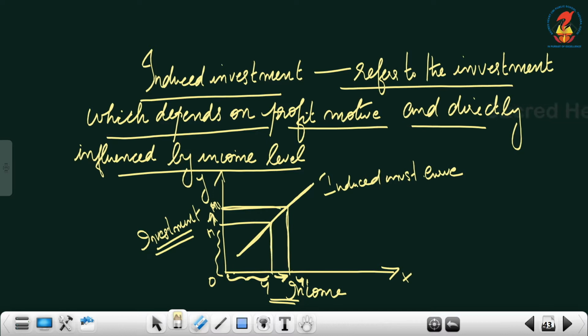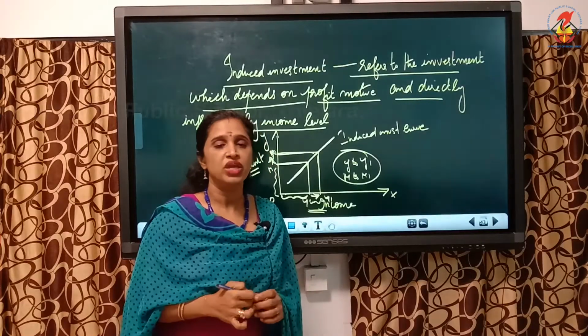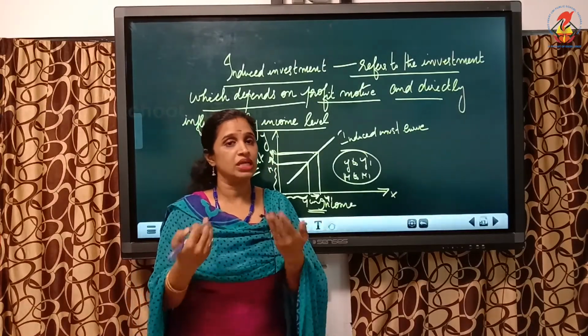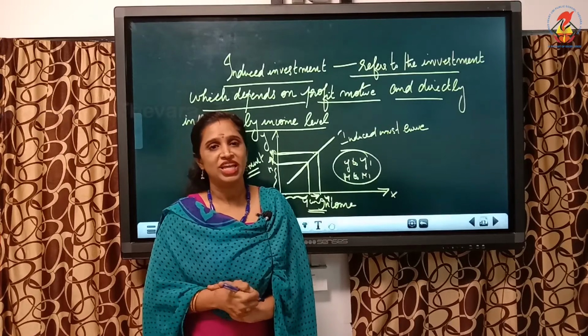At OY level of income, investment is only OM. So when the income has increased from OY to OY1, investment also has increased from M to M1. This is known as induced investment. So when the income increases, investment also increases.